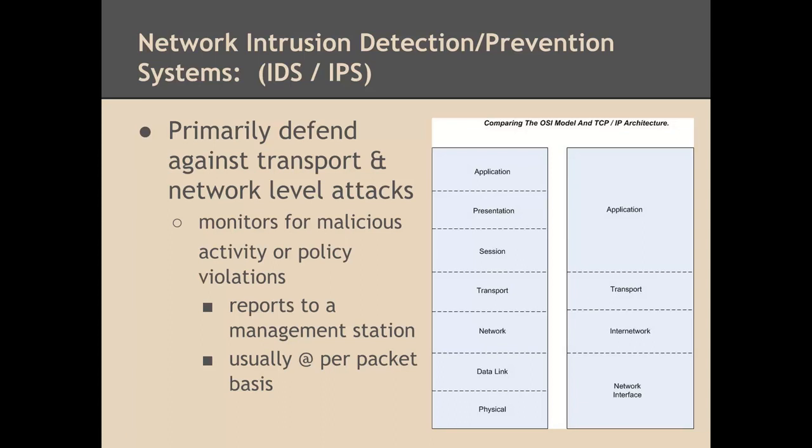This all gets reported up to the system administration group or the incident response group. And usually the scope of what it analyzes is on a packet by packet basis. It doesn't always have the capability to analyze an entire stream of data or entire file being sent from one application to another, for instance, from a web server to your browser.